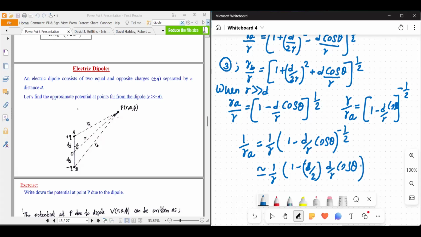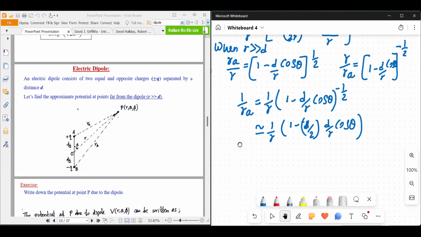We will have other terms with higher order powers of D over R, but those terms go to 0 when R is very large than D. So in the Taylor expansion, only this term will remain.